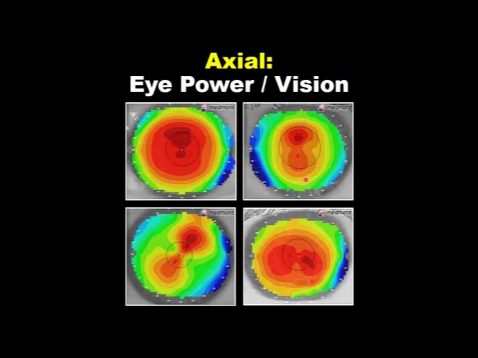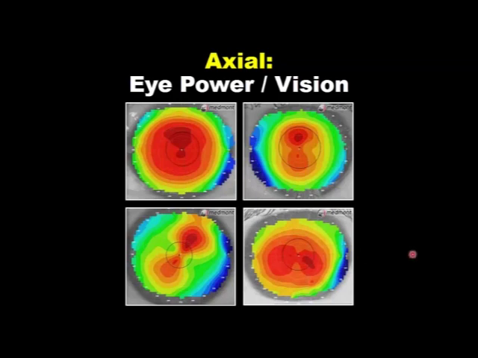We can see that this is a relatively apical astigmatism. Notice the green 360 degrees around, indicating we have a spherical peripheral cornea. Astigmatic center, spherical periphery. Here we've got our oblique astigmatism, and here is against-the-rule astigmatism.